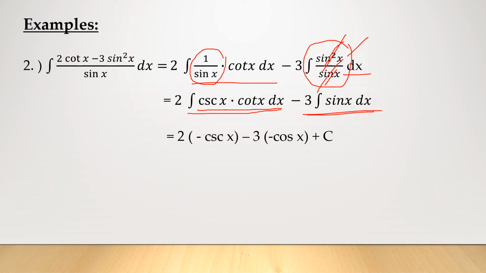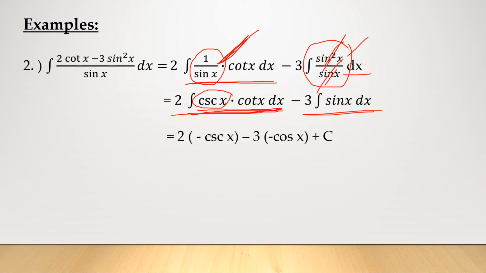There is an equivalent integral for cosecant x times cotangent x dx. That's why I have to get its identity, or else I won't find an equivalent integral for cotangent x over sine x. The identity of 1 over sine x is cosecant x.